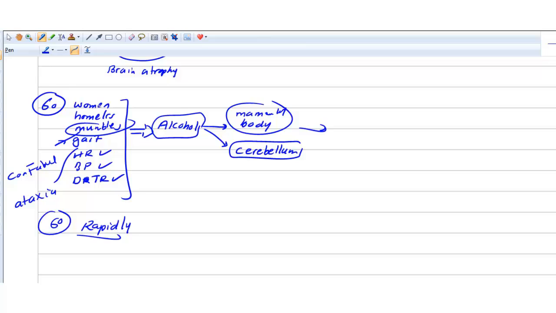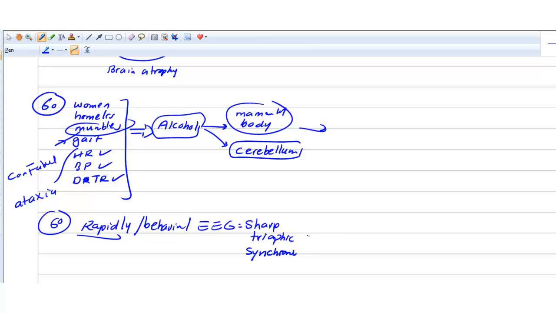Now, rapid progression plus behavioral changes. Here there is an interesting point. This is the only time I think you need to know the EEG finding, guys. The wave is really sharp and triphasic, so they call it sharp triphasic waves, with synchronous discharge.